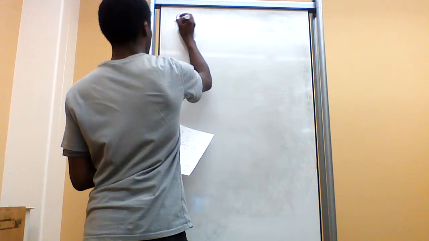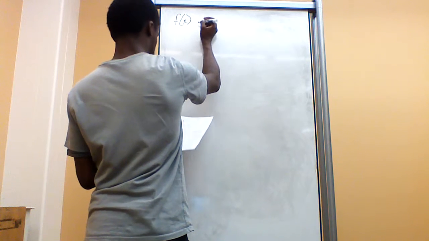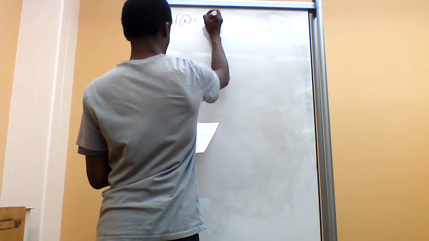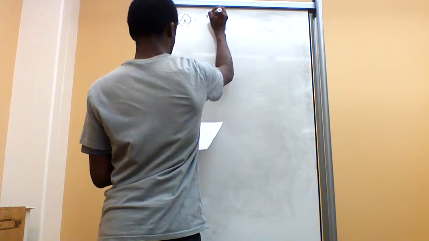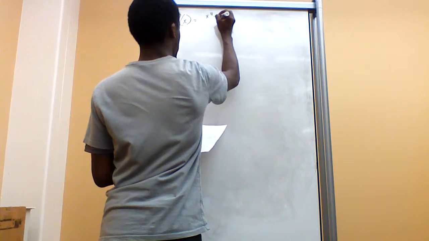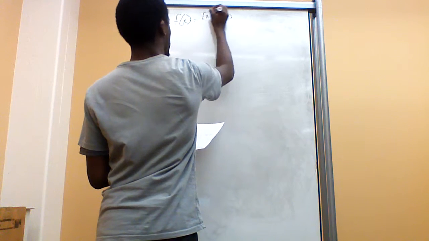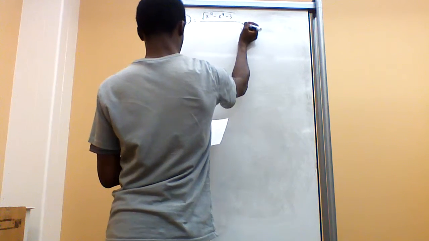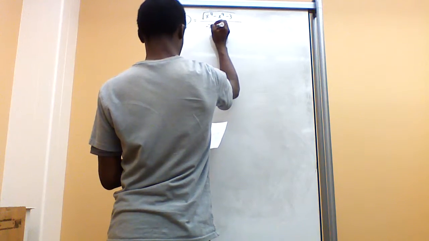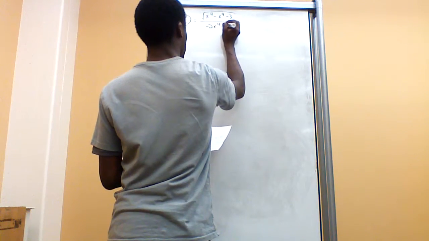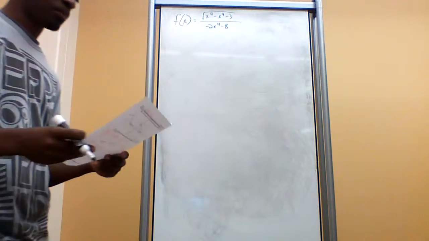So the function f of x is equal to x to the 4th minus 3 over 2x to the 4th minus 8. Okay?